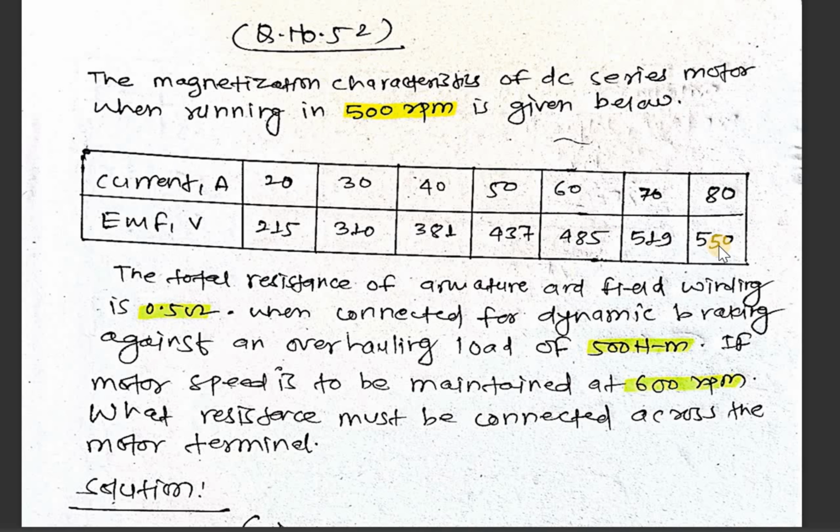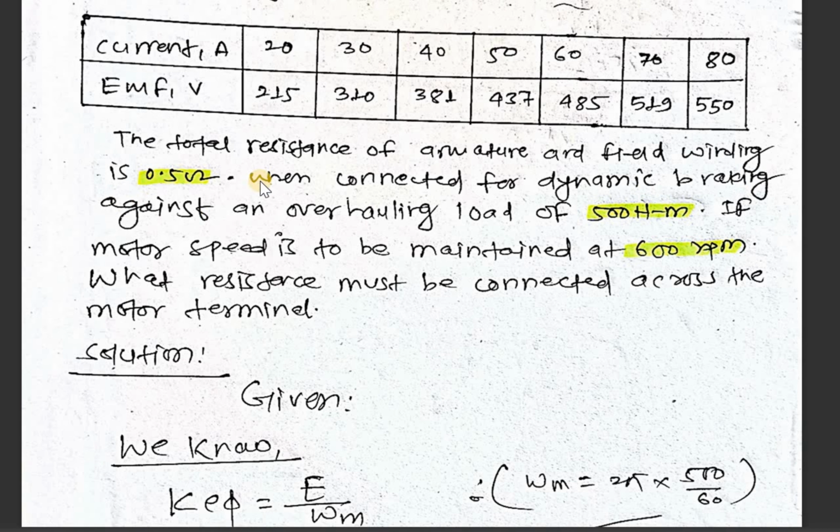The resistance of armature and field is 0.5. When connected for dynamic braking against an overhauling load of 500 Newton-meter, if the motor is to be maintained at 600 RPM, what resistance must be connected across the motor terminal? We have to find the resistance that should be connected across the motor terminal.